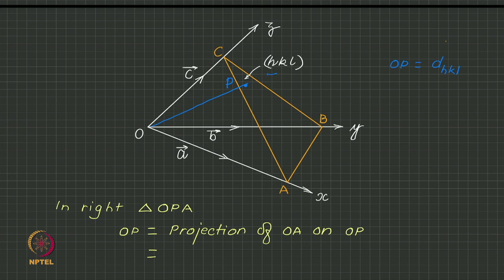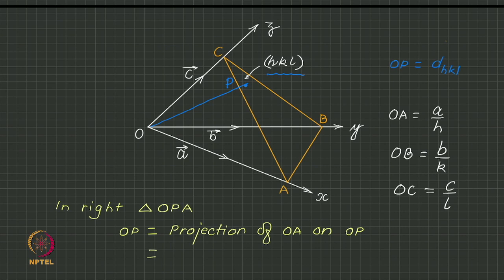Plane ABC is my HKL plane, which means OA, the first intercept, is A by H, OB, the second intercept, is B by K, and OC, the third intercept, is C by L. That is the definition of Miller indices, the meaning of an HKL plane.